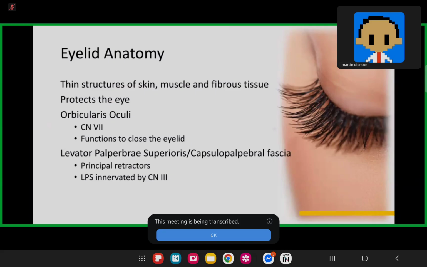Your orbicularis oculi is innervated by cranial nerve 7 and its function is to close the eyelid, while your levator palpebrae superioris in your upper eyelid and your capsulopalpebral fascia of your lower eyelid are the principal retractors, and your upper eyelid is innervated by your cranial nerve 3. So your levator palpebrae superioris opens your eye.